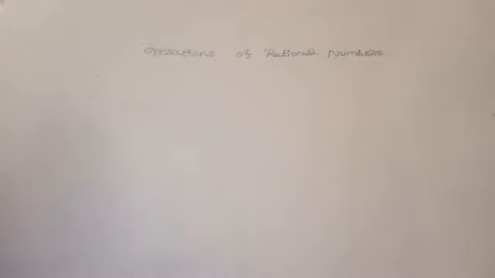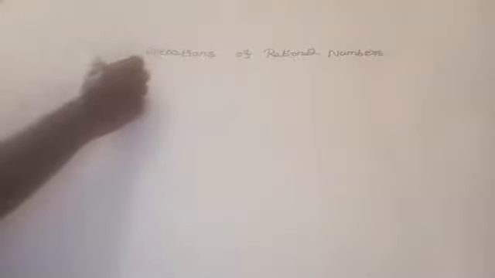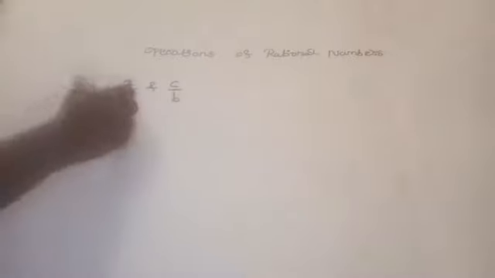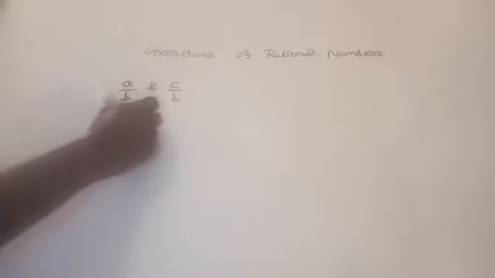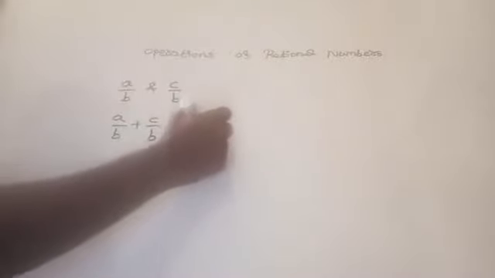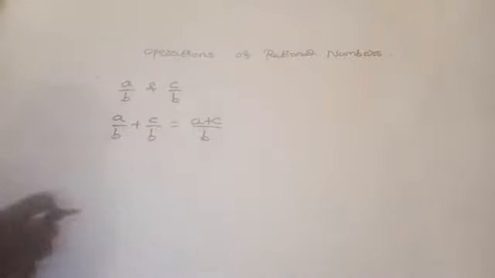Now suppose a by b and c by b are any two rational numbers, then a by b plus c by b is nothing but a plus c by b, because these two are like fractions having the same denominator, so we can add the numerators.